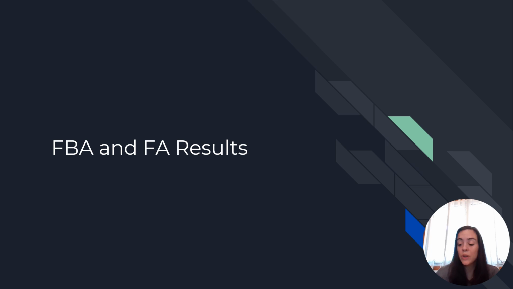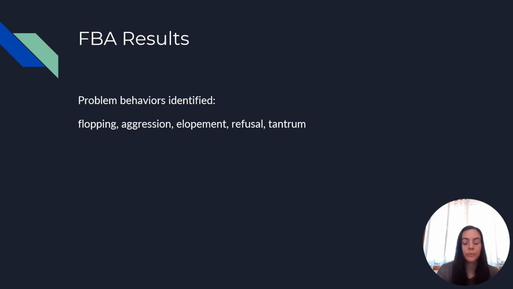In addition to the above-mentioned assessments, an FBA and FA, or functional assessment, were also conducted. The FBA identified the following behaviors of concern: flopping, aggression, elopement, refusal, and tantrum.